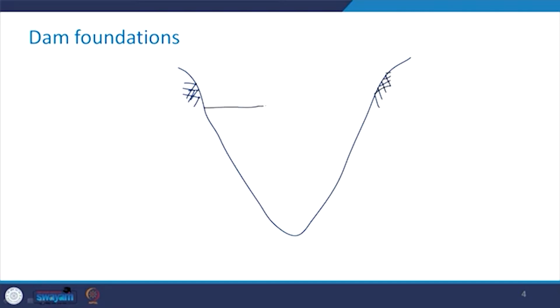Here, let me draw a picture in order to show you how these structures look. So, say this is your ground surface, and you have here a dam body. So, this is your dam body.